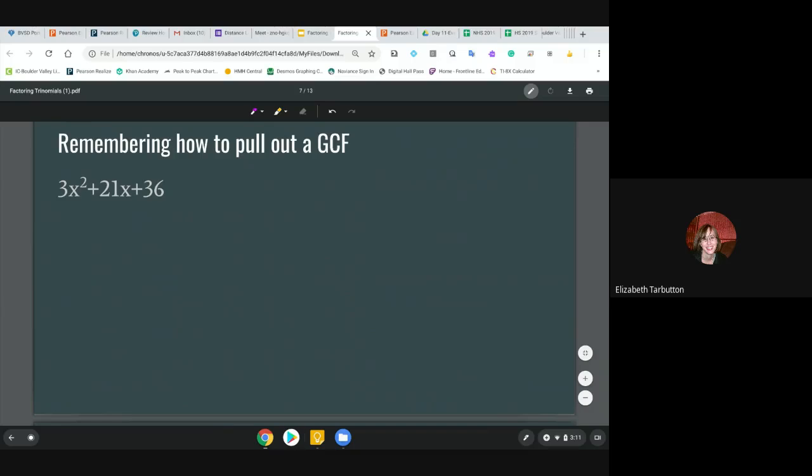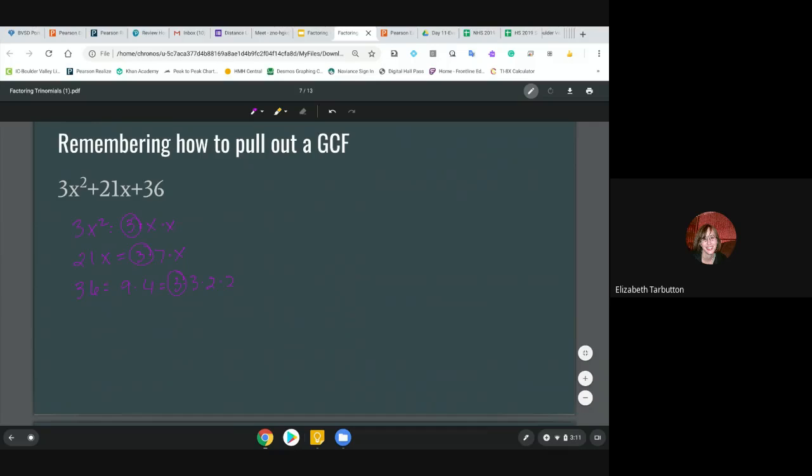Remembering how to pull out a GCF, so we're looking at 3x squared. The factors there are 3 times x times x. 21x has factors of 3 times 7 times x. And 36 can be factored into 9 times 4. And 9 is 3 times 3, and 4 is 2 times 2. So taking a look at all three of our terms, they all have a factor of 3.